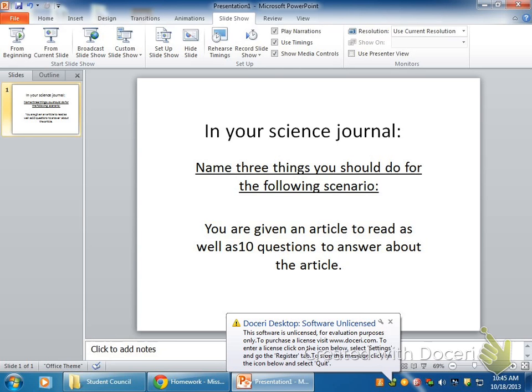So that was my model of what annotating could look like in a science text. So what I want you to do now is, using my annotation, you're going to try answering the first 3 questions. Okay?